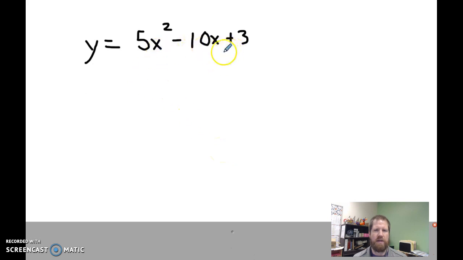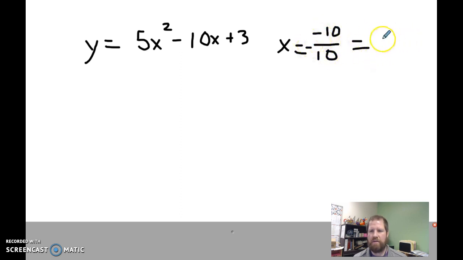5x squared minus 10x plus 3. X is equal to negative b, negative 10. You can see how easy it is to forget that negative sign there. And then 2a, 10. So I've got negative 10 over 10, two negatives, so I've got a positive 1. All right.